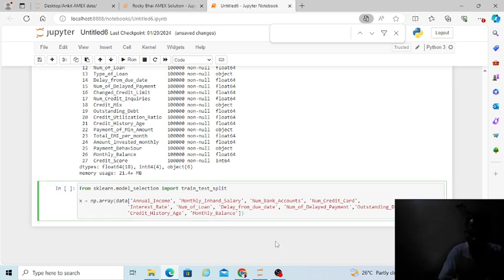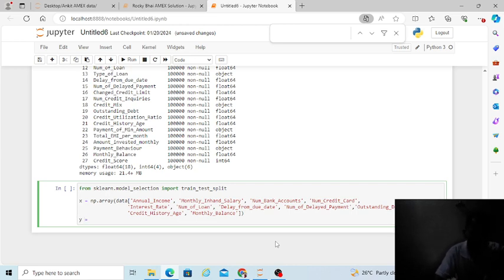So I have included all those columns in X, and now our Y will be np.array data credit score.